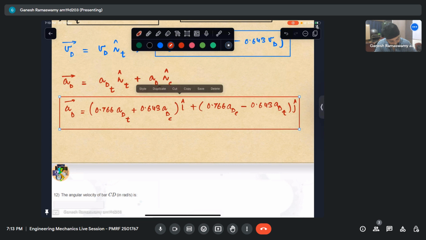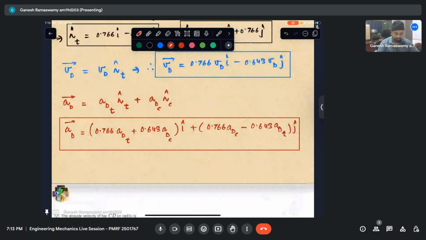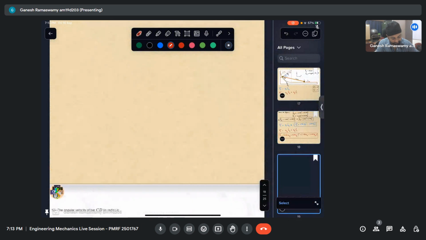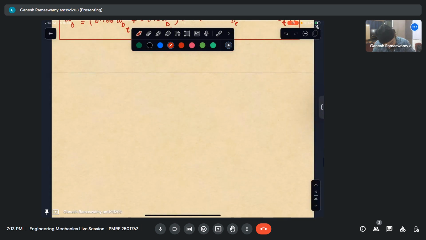So I have got these two vectors in component form. Now what remains is to calculate VD, ADT, ADC. That is what is asked, in addition to one more component. So from relative motion analysis again, I know that R, what are these 2 points?